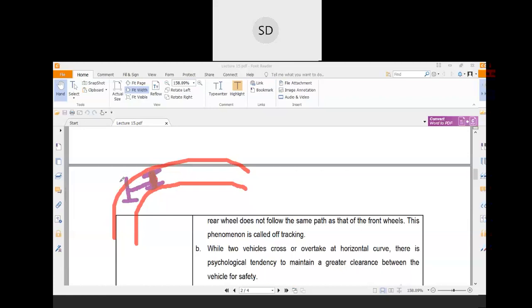To accommodate the rear wheels, you need some extra widening. This phenomenon, that the rear wheels are not following the same path as the front wheels, is called off-tracking. The definition is very important. What is off-tracking? It is the phenomenon that, in negotiating a horizontal curve, the rear wheels do not follow the path traversed by the front wheels. That is your off-tracking.